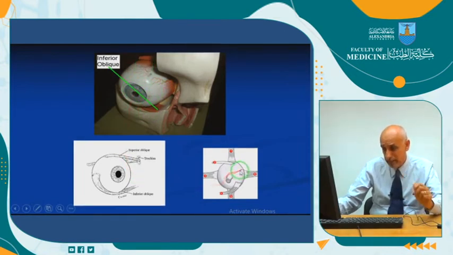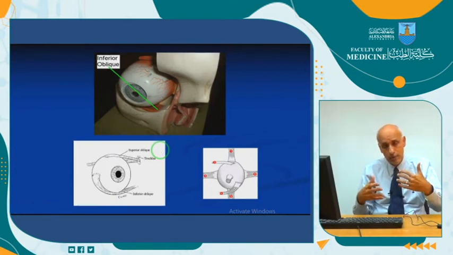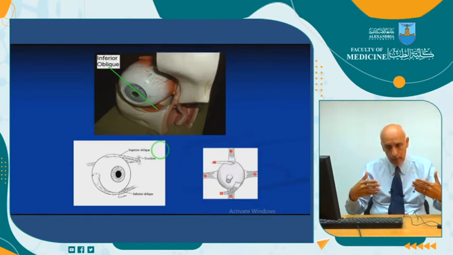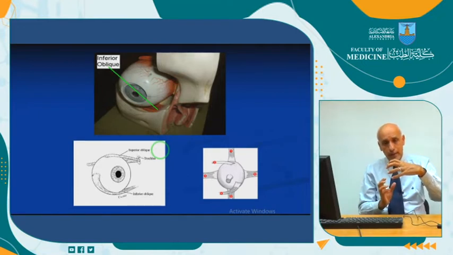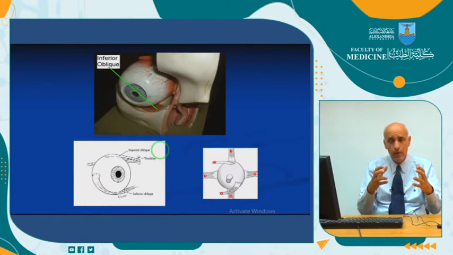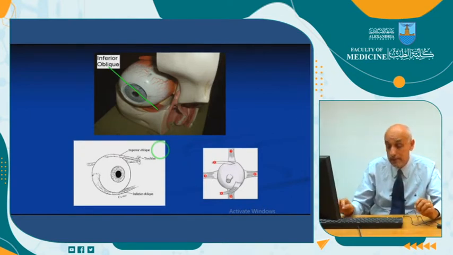As you see from this slide, the oblique muscles are inserted in a torsional way, so that they are inserted actually not at the side of the eye, but at the back of the eye, at the outer or inner quadrant, which gives the muscle a form of torsional movement. It's not like the medial rectus, which has only one axis, but they have different axes, and I'm going to show you in the other slides how they act together.